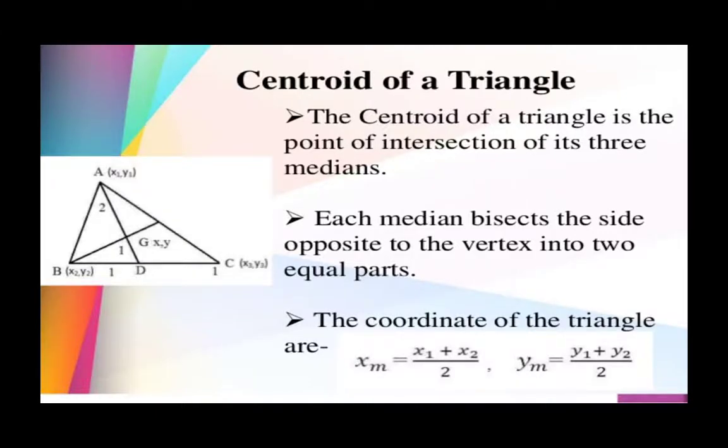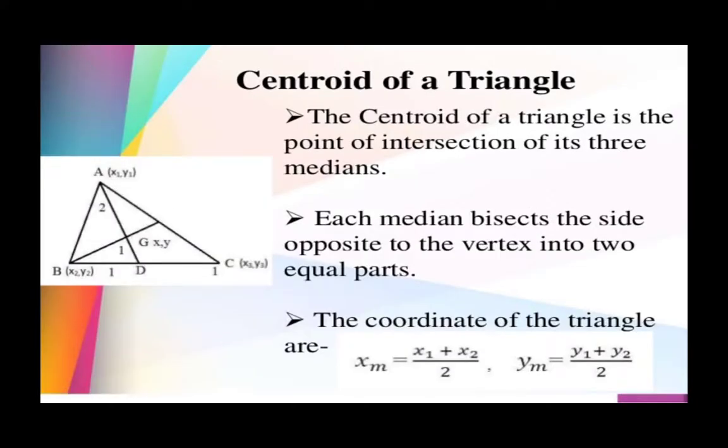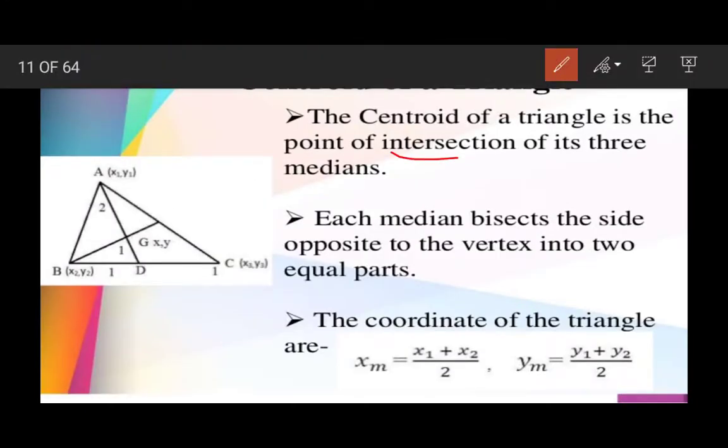Then next is the centroid of a triangle. The centroid of a triangle is the point of intersection of its three medians.